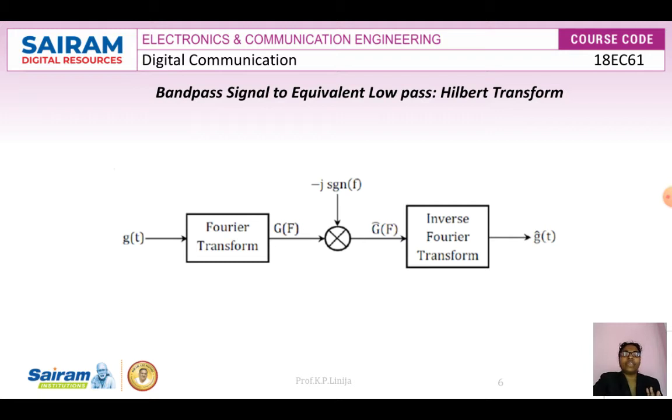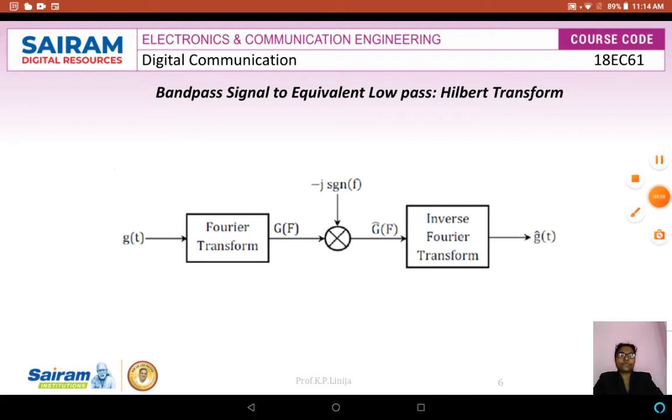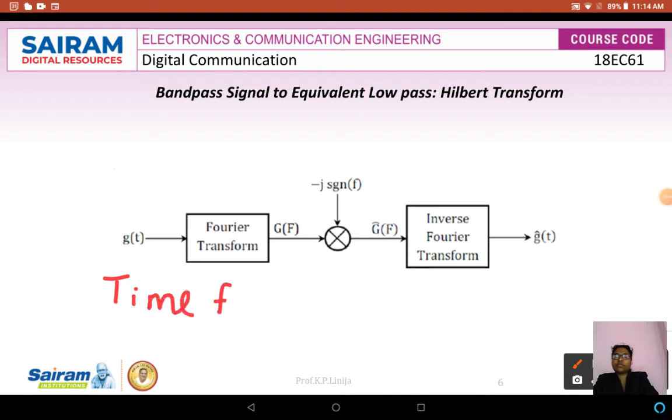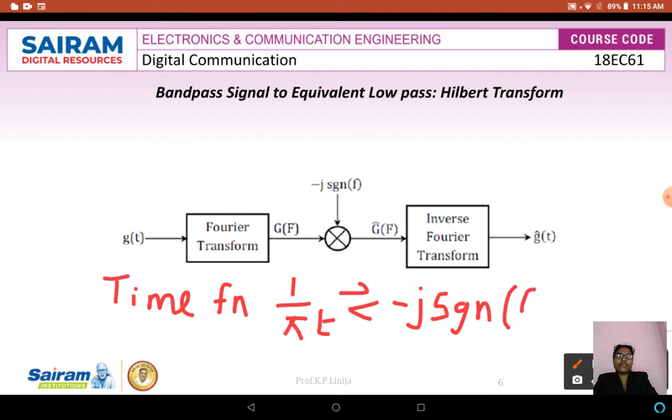Therefore we can write the time function 1 divided by pi t as minus j into the signum function of f.